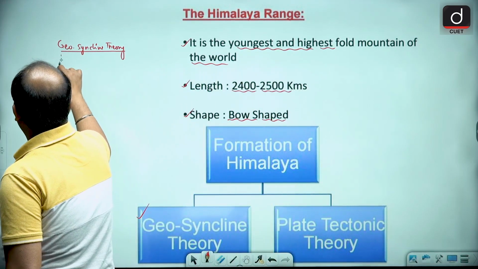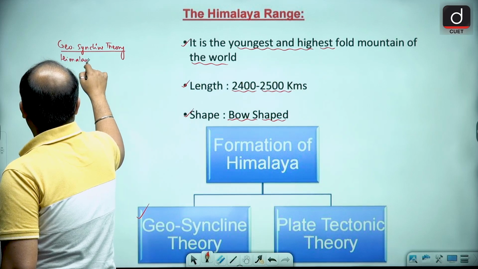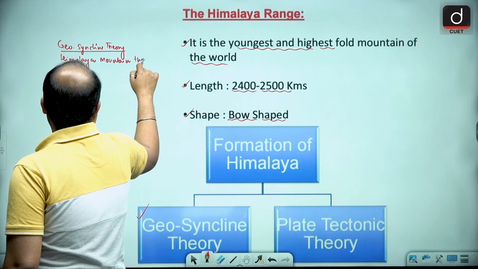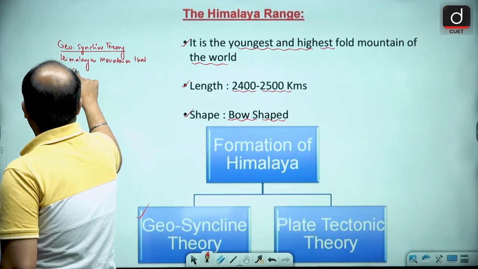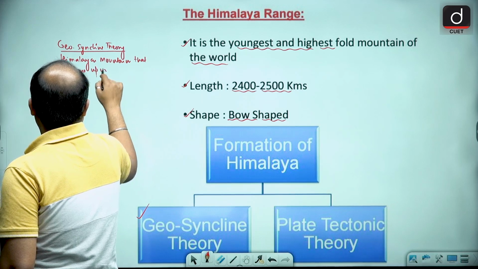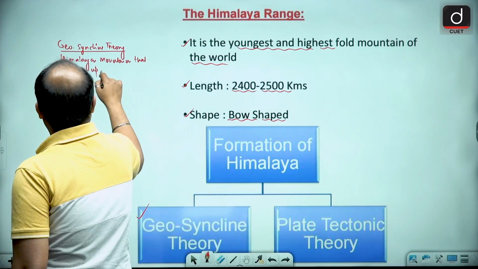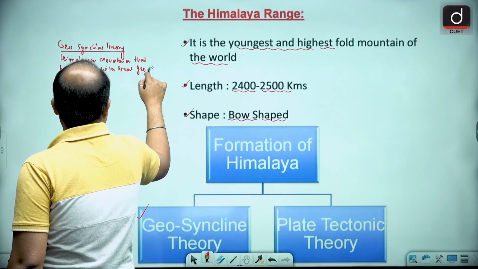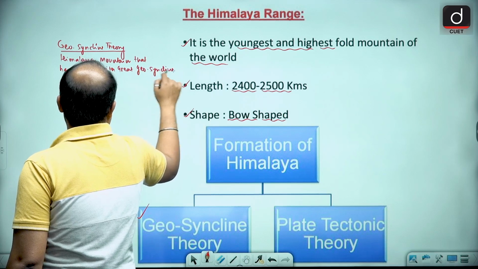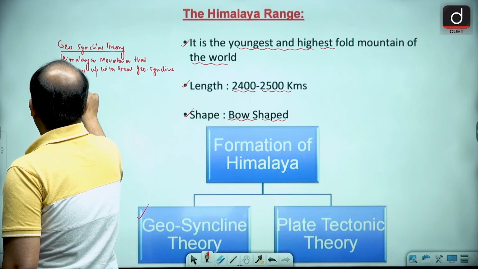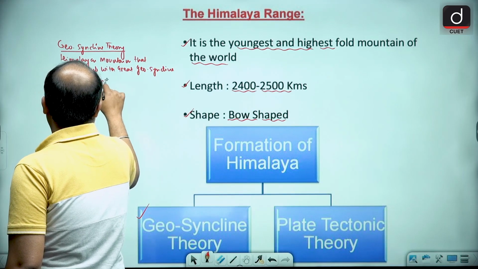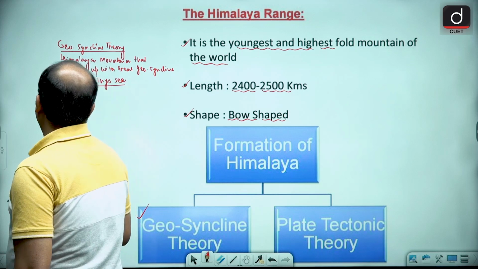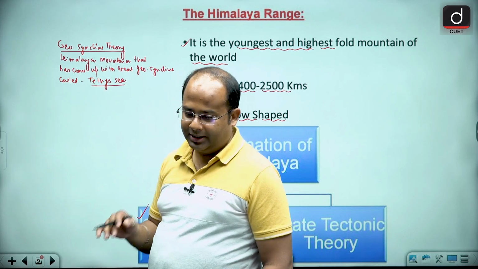So it is said that the Himalayan mountains have come up from a great geosyncline that is called the Tethys Sea.